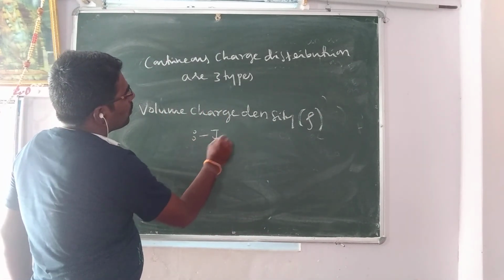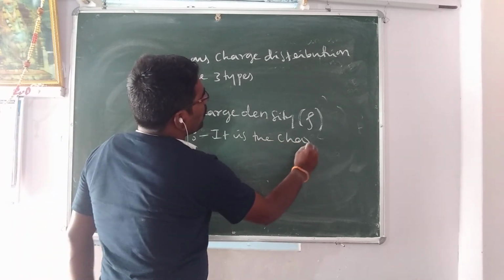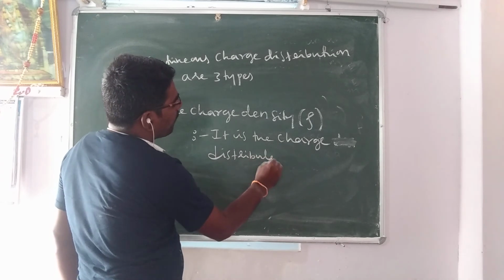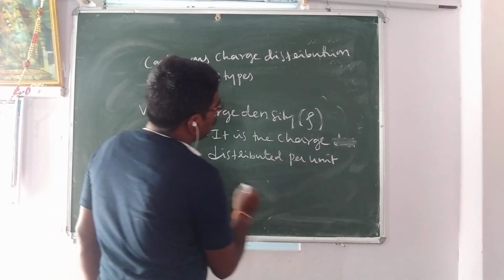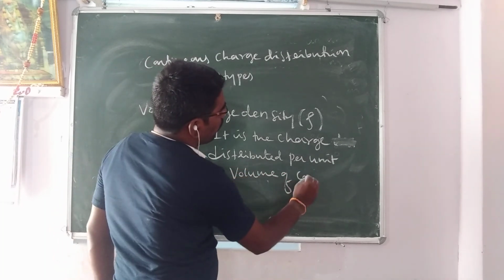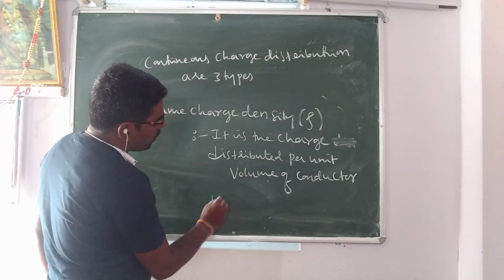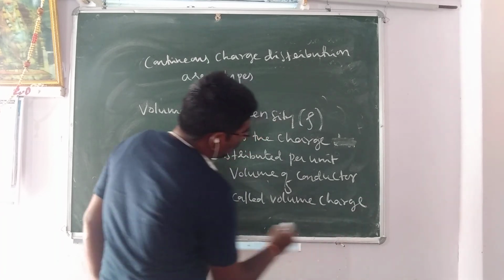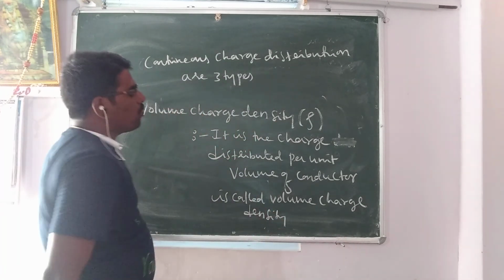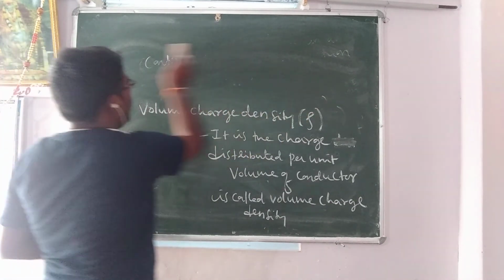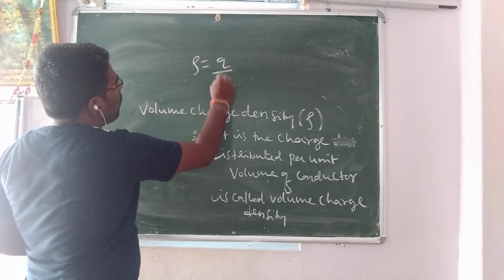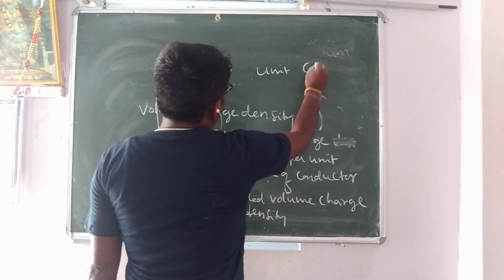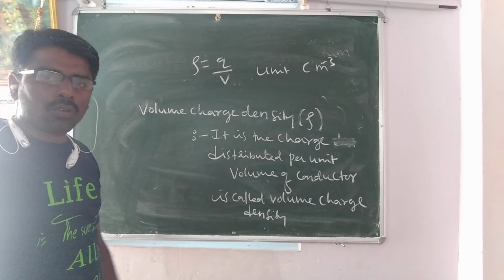It is the charge distributed per unit volume of the conductor. Writing the equation, rho equals Q by V. Unit is coulomb per meter cube.